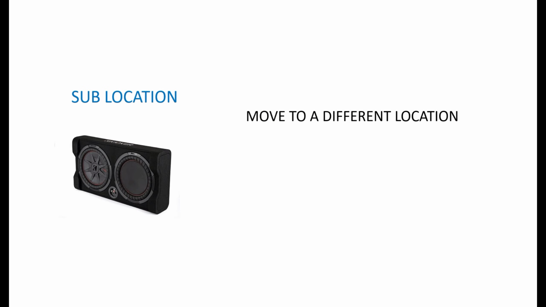One of those is to move it to a different location. So, moving it 30 centimeters or a foot in a different direction, or putting it in the corner of the trunk instead of behind the seats, will sometimes give a different bass response at the listening position. So one thing to try is to move it to different locations and see which sounds best.